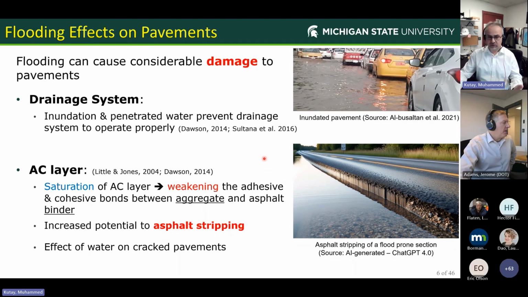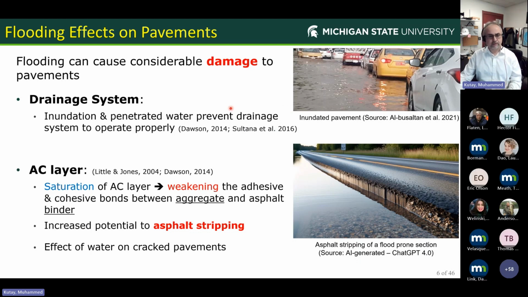So what are the different mechanisms of damage? One is obviously the drainage systems. As I said, there is a lot of very good literature on how flooding can affect pavements. You might have drainage problems because of flooding. You might have problems within the AC, the asphalt concrete layer.